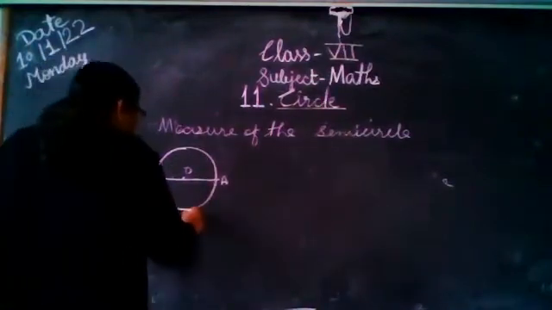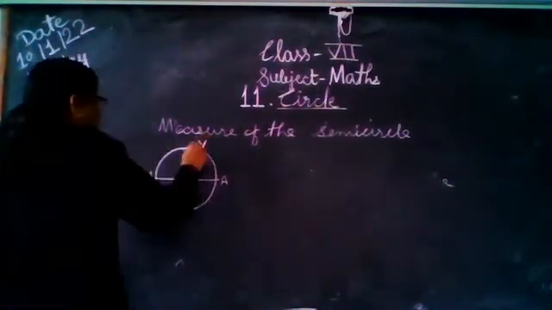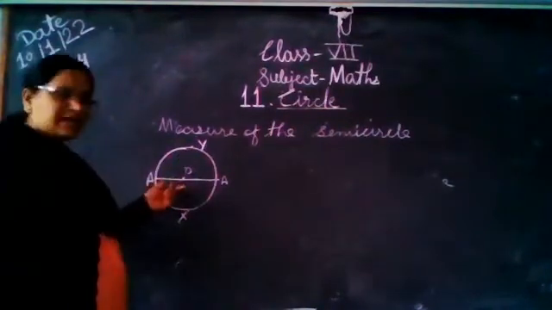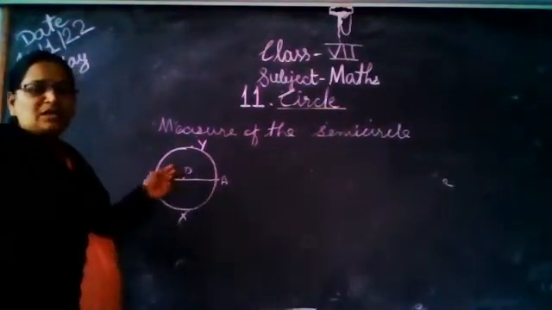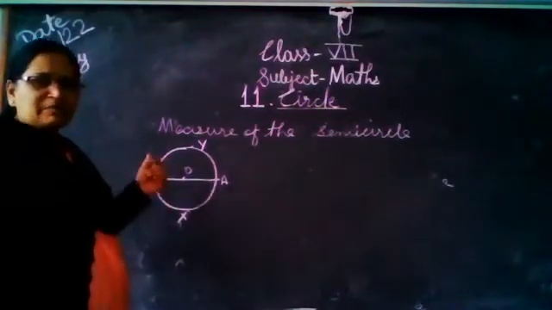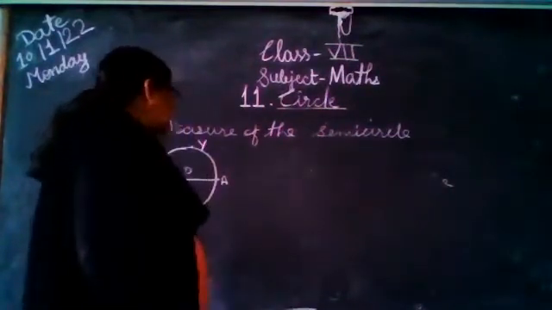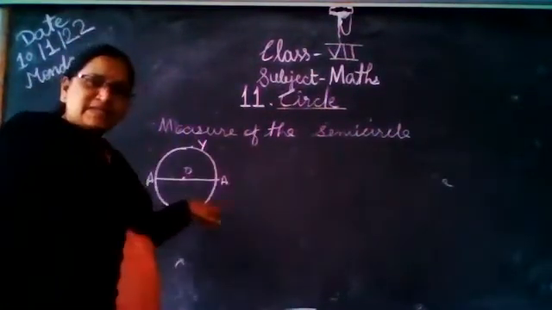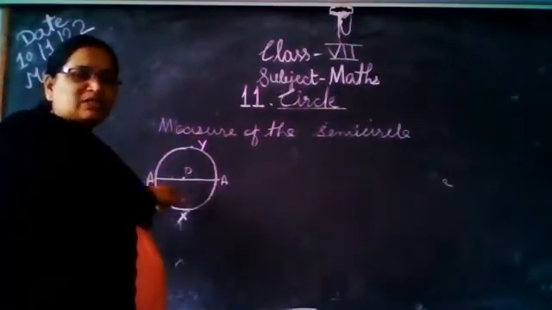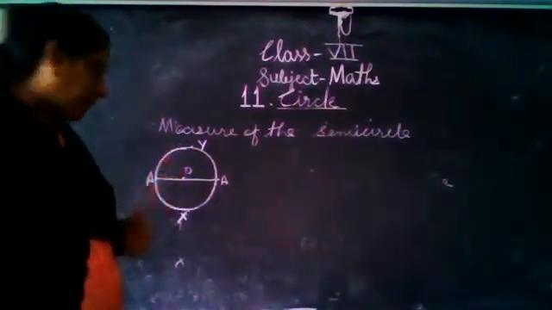So let's take one more point here, X, and here I am taking Y. So see children, you can say we get two equal arcs. It is what, beta? Semicircle. And the measure of the semicircle: the measure of the complete angle is 360. So what is the measure of the semicircle? Yes, it is 180 degree.